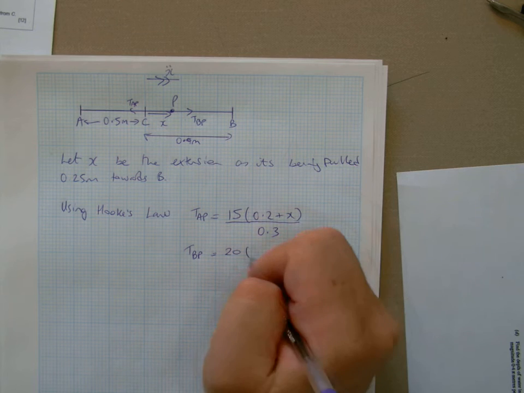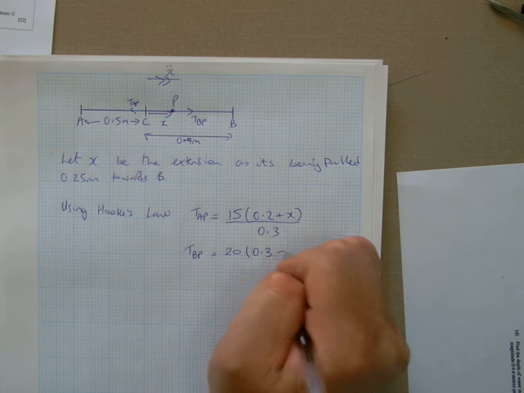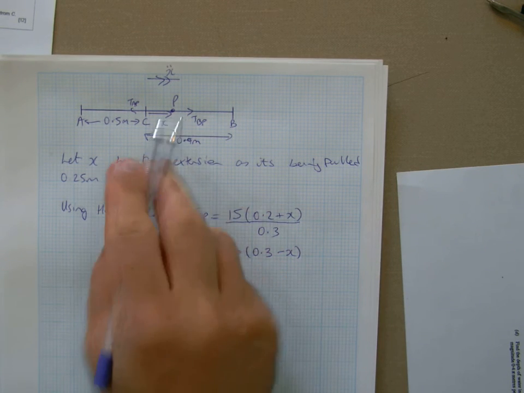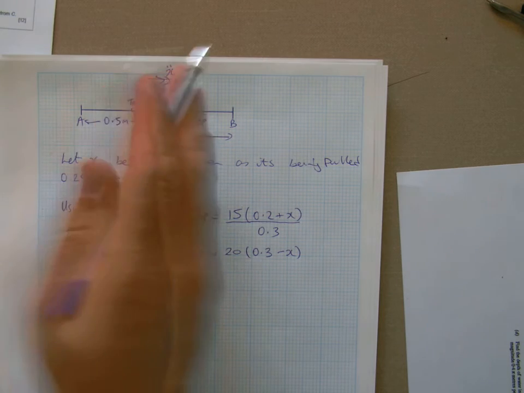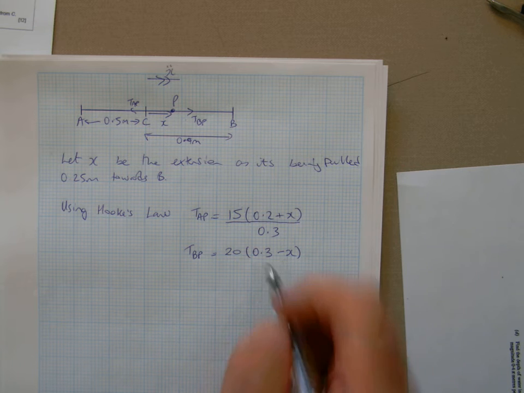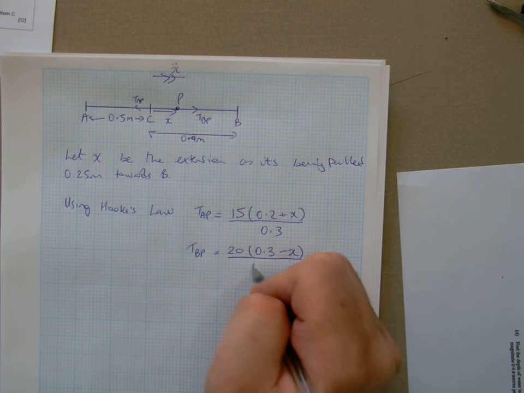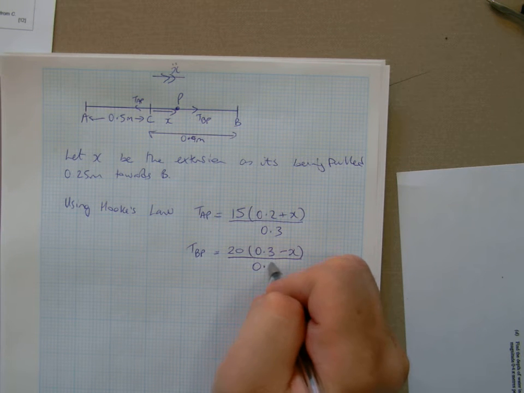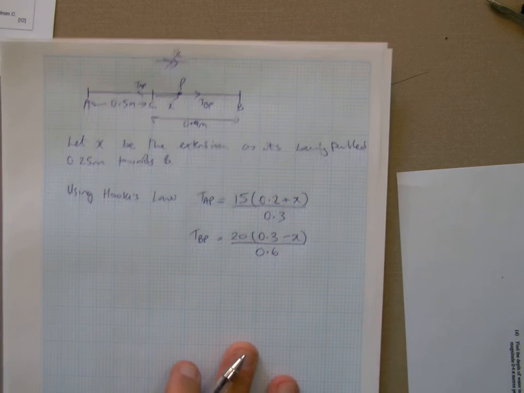We start off with 0.3, but then we take away the X, because the string is being compressed a bit, over the natural length of 0.6. So we've got the two tensions there.